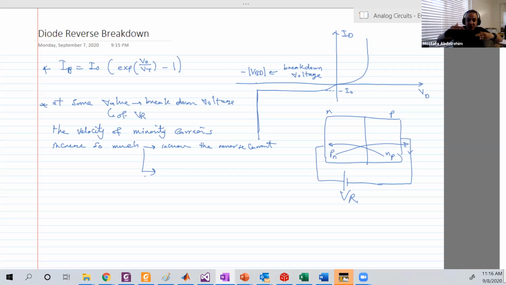Those free electrons will also be accelerated using VR and acquire energy, so that if they hit another atom, they free another electron, and so on and so forth.